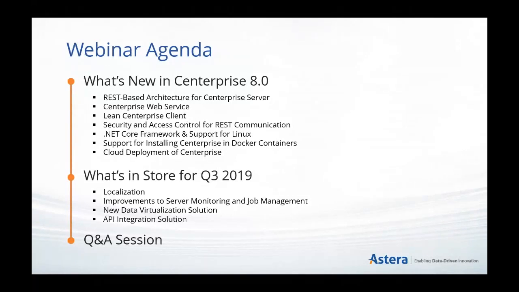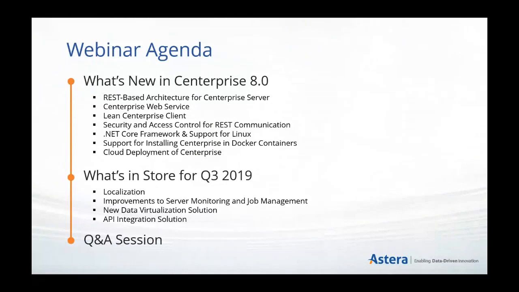8. And then we'll switch to stuff that's not quite out yet, but has a deliverable date of sometime in Q3 of this year, including localization, being able to have it in different languages, some improvements in the runtime monitoring of jobs, something very cool, which is the data virtualization module, and the API integration module as well.